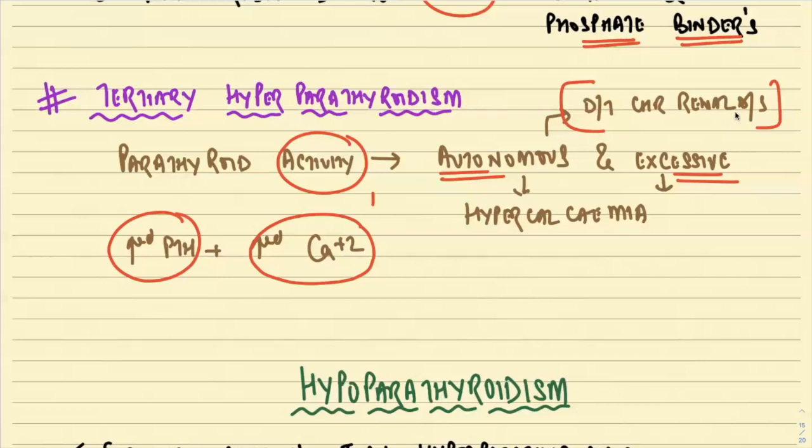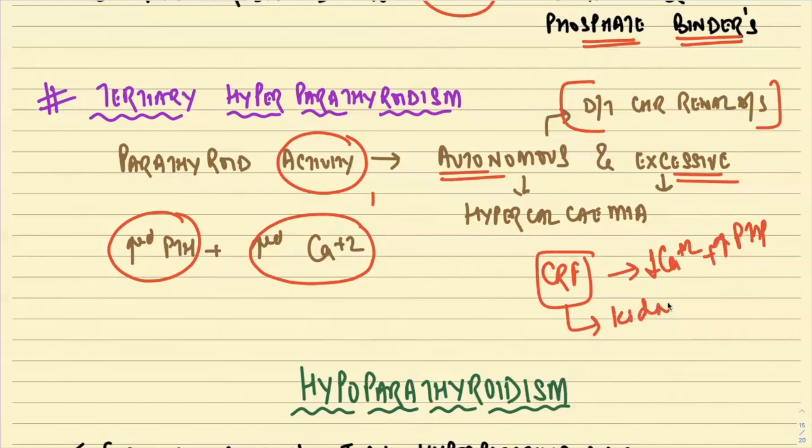There will be a history of hypocalcemia. For example, take a patient with progressive renal failure, a chronic renal failure patient, who was having prolonged hypocalcemia and increased parathormone. Now I gave a kidney transplant to the patient, and the calcium level came down to normal.